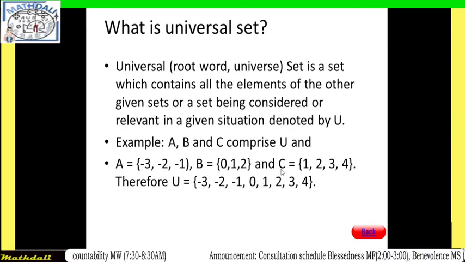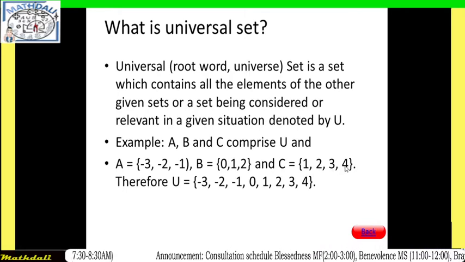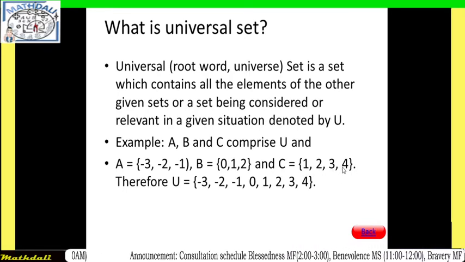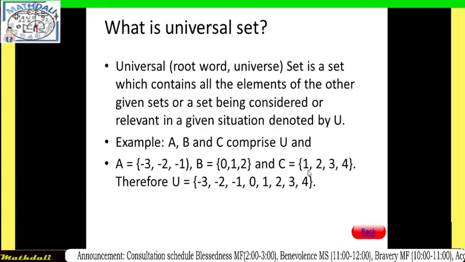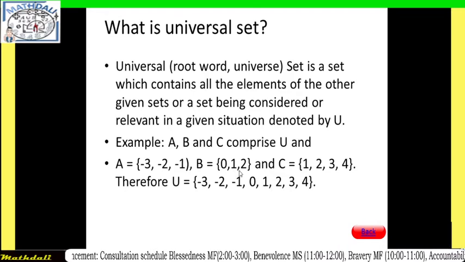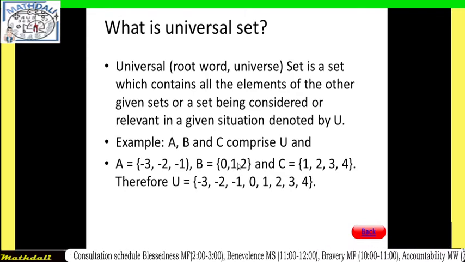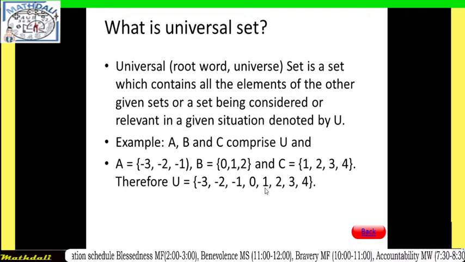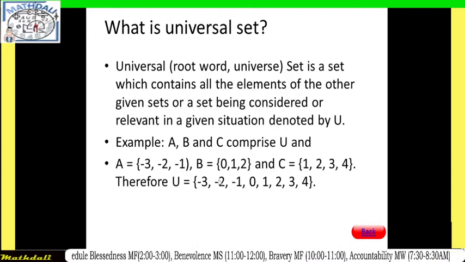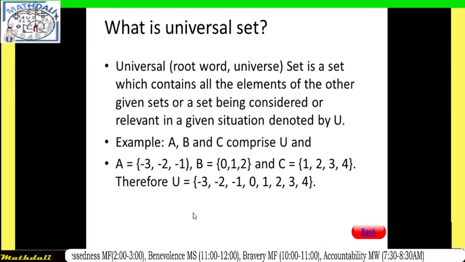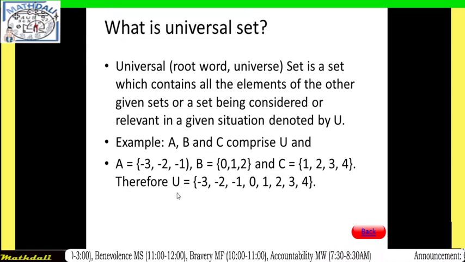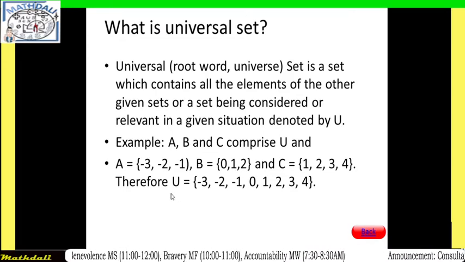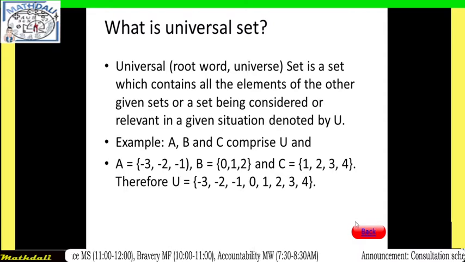Then, we have set C. Ang element natin, 1, 2, 3, and 4. Dapat itong element na to makikita rin sa universal set. But take note, we're going to list down this element 1 and 2 once, isang beses lang, kasi pagka sinabi nating set, the elements there should be distinct elements.